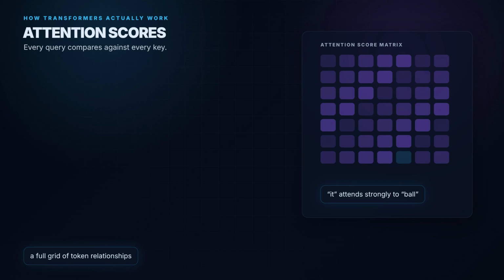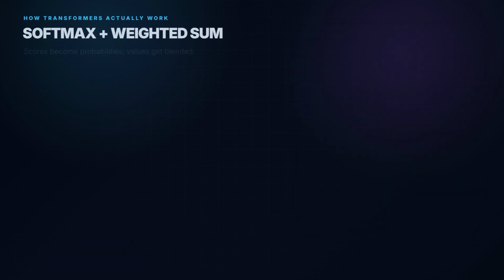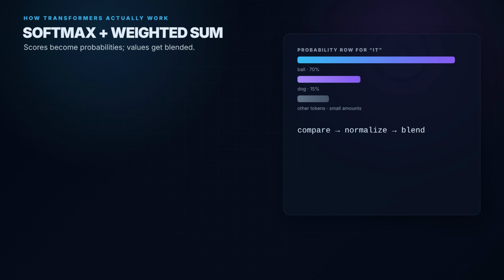Raw scores are not the final output. First, they are scaled, then passed through Softmax. Softmax turns each row into a probability distribution. A token might assign 70% of its attention to ball, 15% to dog, and small amounts to the rest of the sentence. Then those probabilities mix the value vectors.